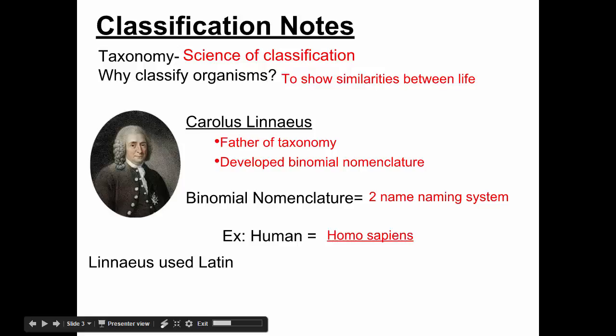There are a couple of reasons why Latin would be a good language of choice for giving things these scientific names. First, it's a language that is not spoken anywhere in the world currently. It's not in current use, and so that means it's relatively stable.